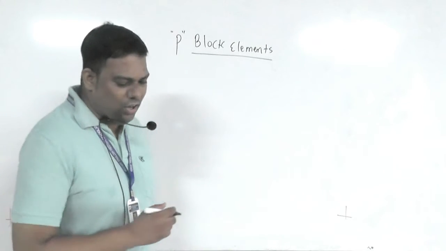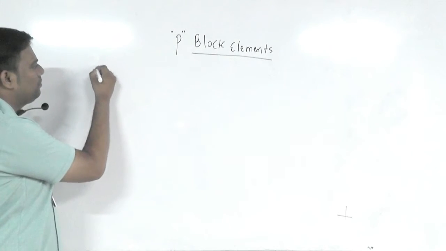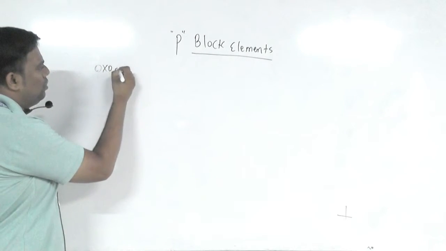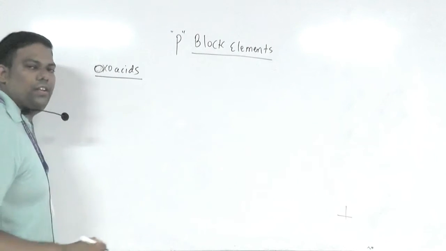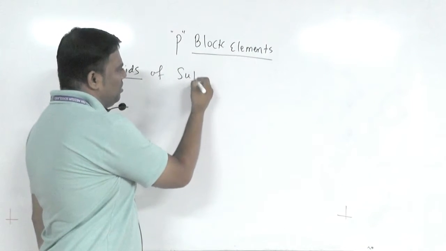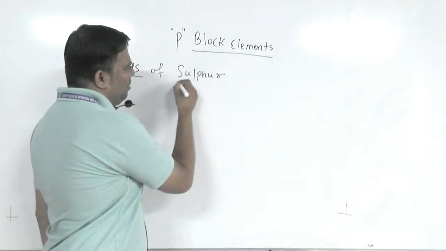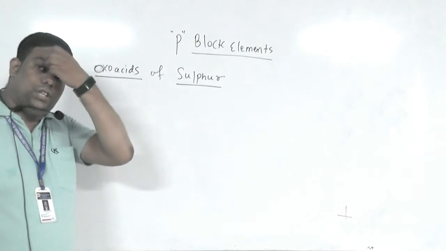So see here, oxo acids. Oxo acids of what, beta? Sulfur. So pay attention to these oxo acids of sulfur.